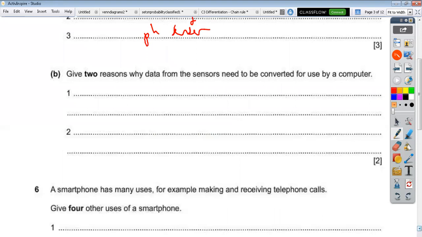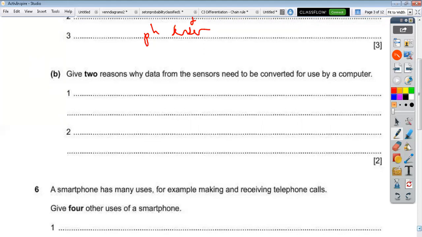Give 2 reasons why data from sensors need to be converted for use by the computer. What are the reasons?